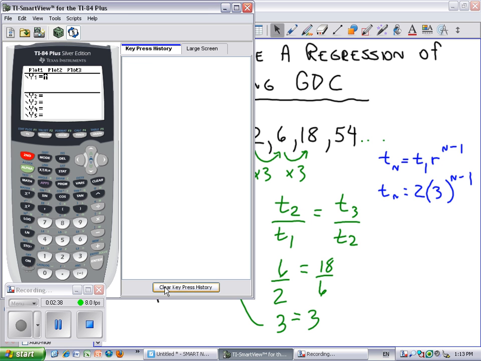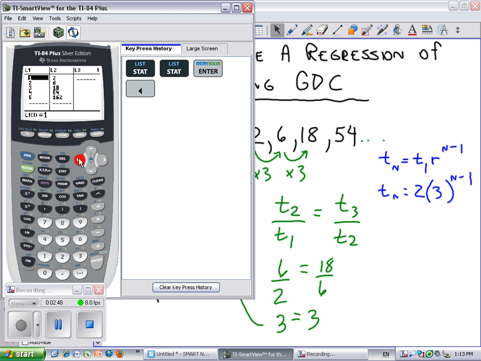Press stat, edit, enter. Okay, so what we're going to do is now input those numbers into our table. So list 1, put in 1, 2, 3, 4, 5. List 2, put in 2, 6, 18, 54, 162. Okay, so I'll just wait a minute for you to do that.